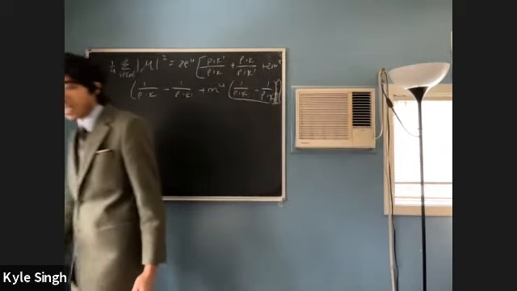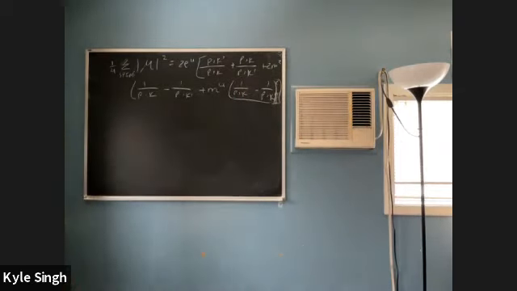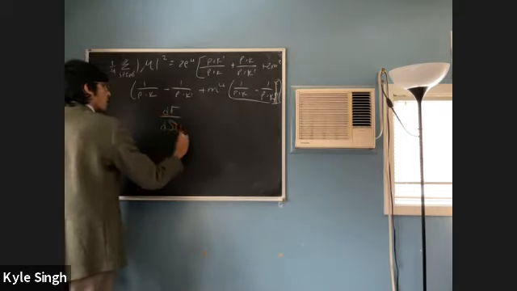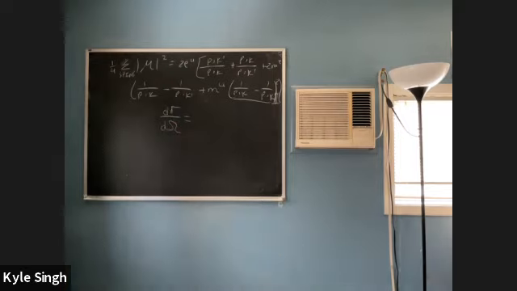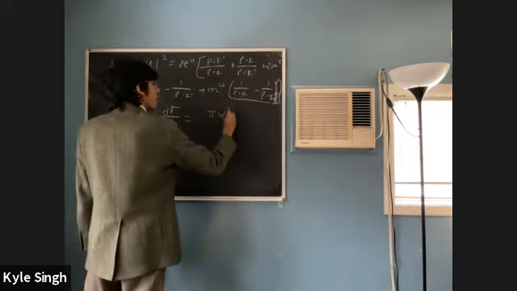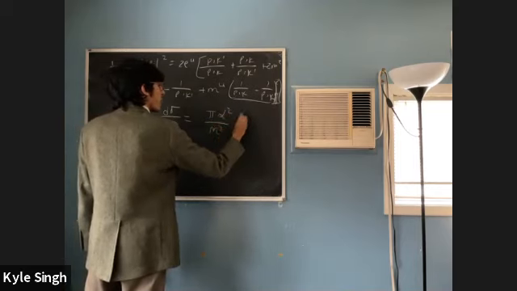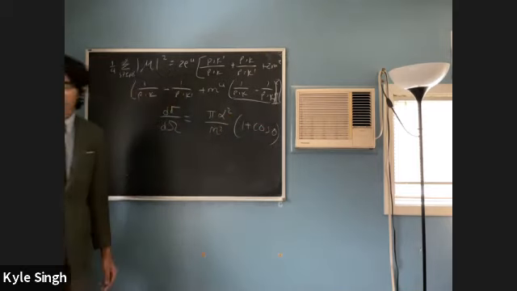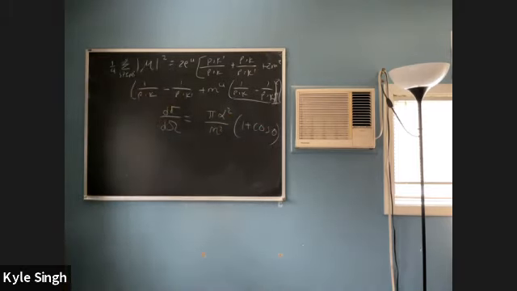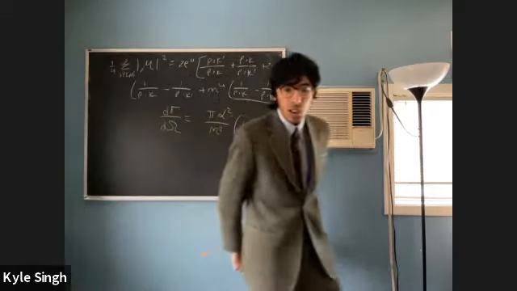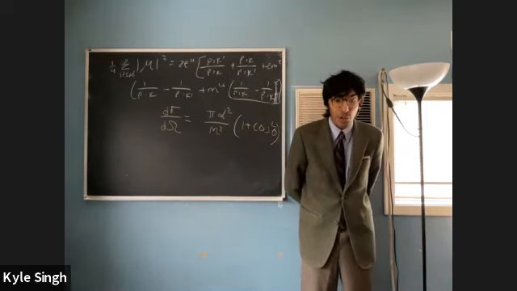But in the center of mass frame, you get dσ/dΩ equals π alpha squared over m squared times (1 plus cosine squared theta). And this is the famous Thomson cross section.